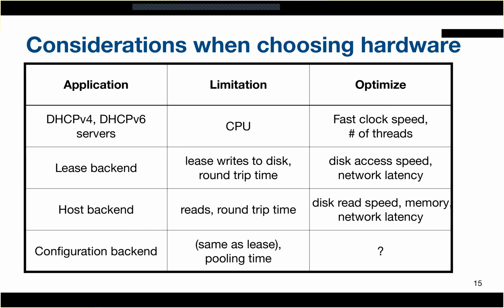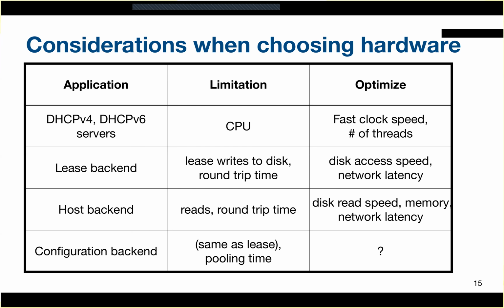So you want to have a server with fast clock speed, and the number of threads makes a difference. Although we haven't done experiments on platforms that have a massive number of cores, so we don't really know how well it scales. Kea is multi-threaded and the number of threads is configurable. So in principle, the performance should increase with increasing number of threads, but we know that this is not linear. It will level off at some point.